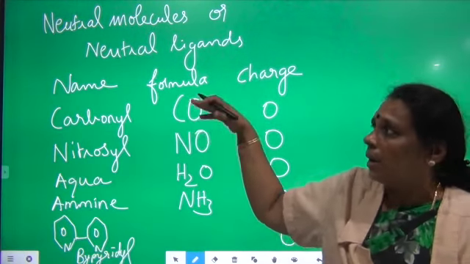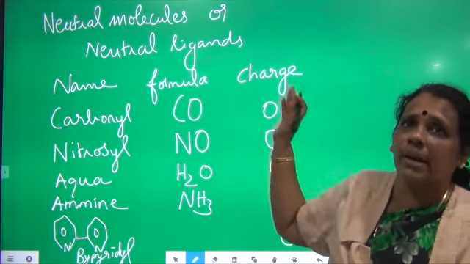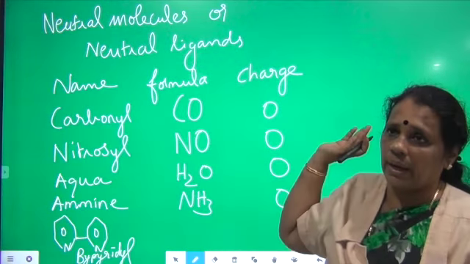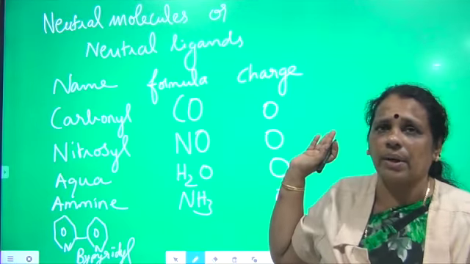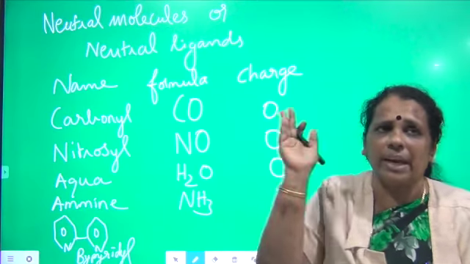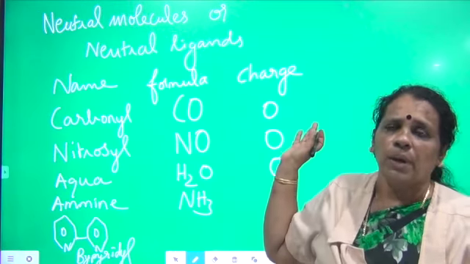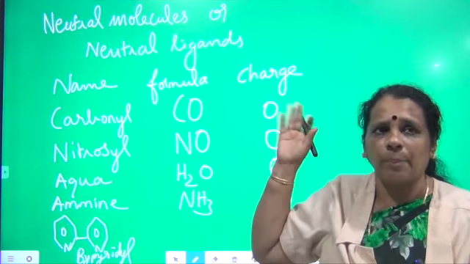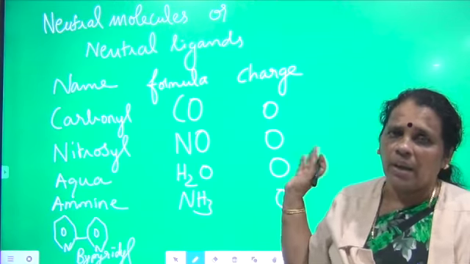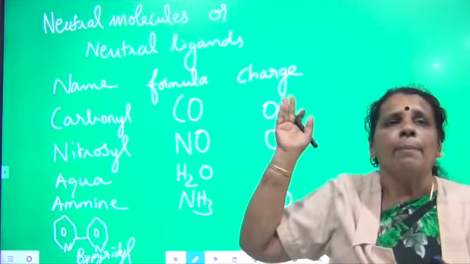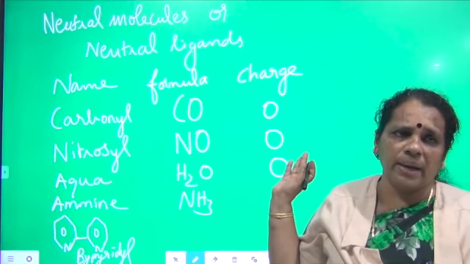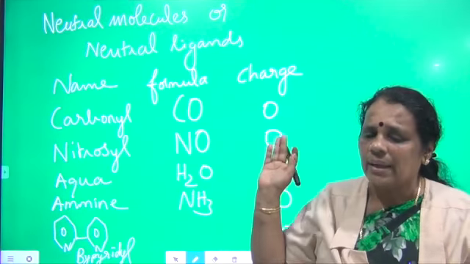So all these are neutral molecules with charge equal to 0. Now we know the charges of positive, negative and neutral ligands. Now we are going to calculate the oxidation state or oxidation number of the central metal ion. First I gave the definition and I told you there are so many ligands which are positive, negative and neutral. I have given some examples with the symbols and the charges. Based on this we are going to calculate the oxidation state of a central metal ion.